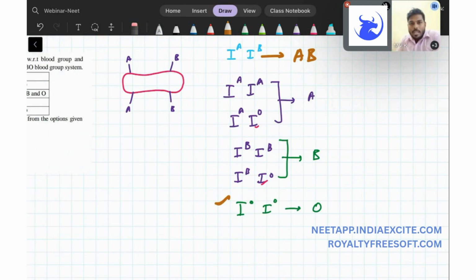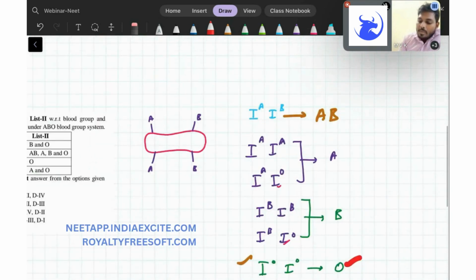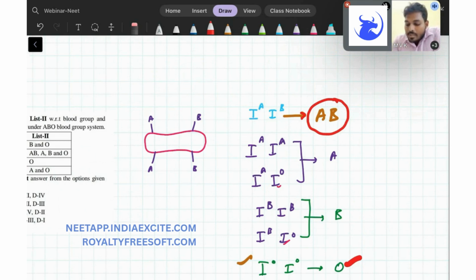Because there is no antigen, whether against A or against B, so it is not going to be affected by the antibodies. These RBCs don't have any signaling molecules that trigger the immune system. So these are our universal donors. What about AB? They have both A and B, so they are not going to be affected by any of the antibodies. They are universal recipients.